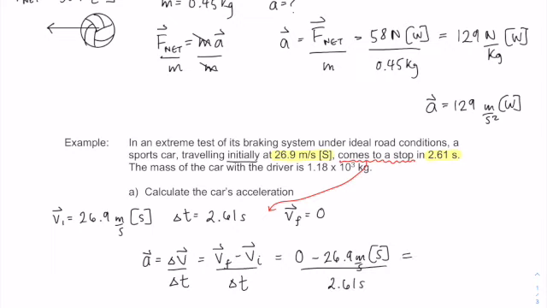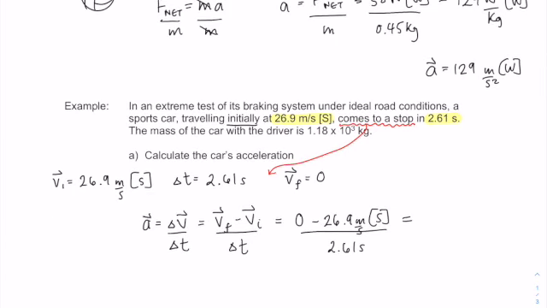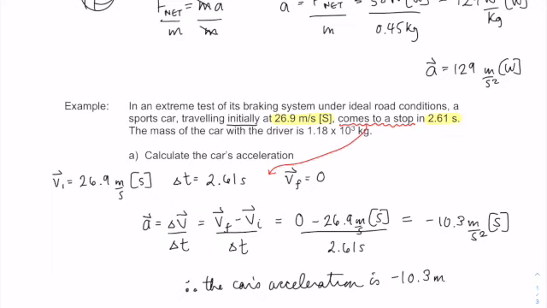If we punch this into our calculator, we end up with an acceleration of negative 10.3 meters per second squared south. Therefore, the car's acceleration is negative 10.3 meters per second squared south. This negative sign implies that the car is decelerating or slowing down.